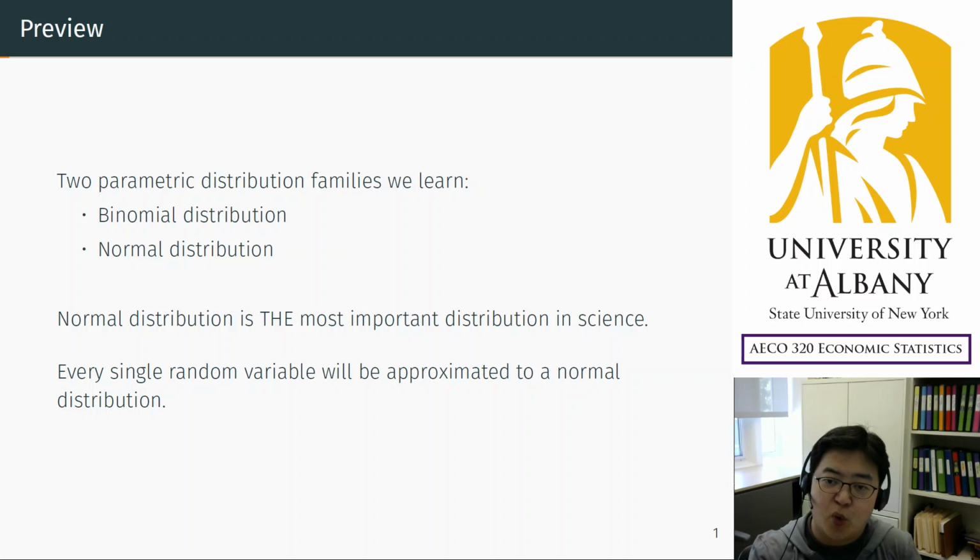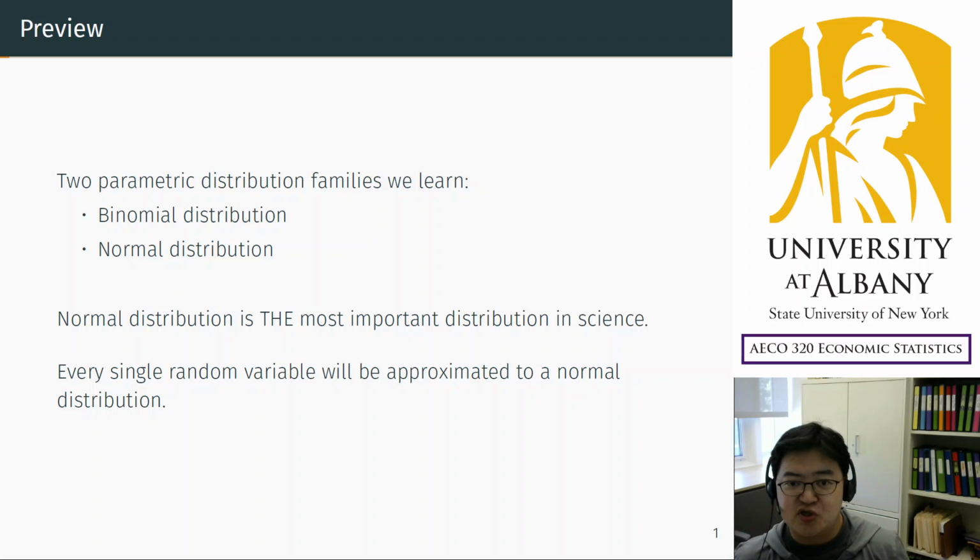the single most important distribution not only in statistics but in any science, social science, natural science, whatever. So among any distribution, the normal distribution is the most important one. I believe if you ask any statistician, any scientist, whoever, they would agree with that.